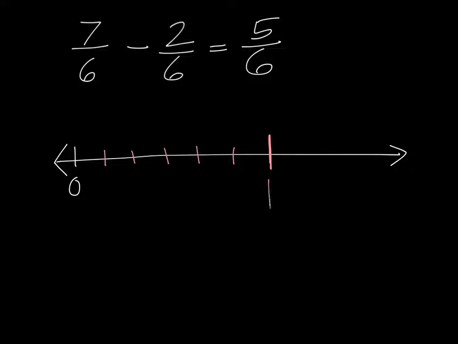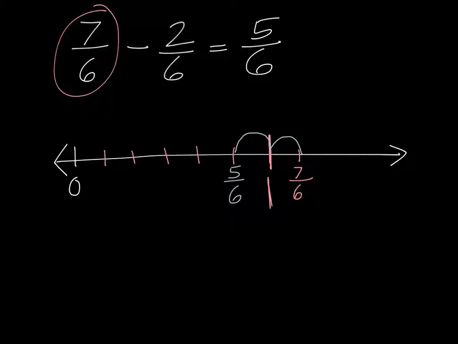Now I know that that is 1 whole, and then 7/6. So we know that this fraction, 7/6, is greater than 1 whole. I need to subtract 2/6. So I'm going to start at 7/6 and hop back on the number line 2 times, and I land on 5/6. And that is the answer to my subtraction problem.